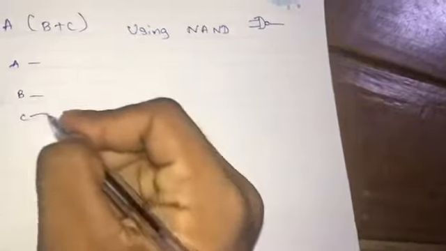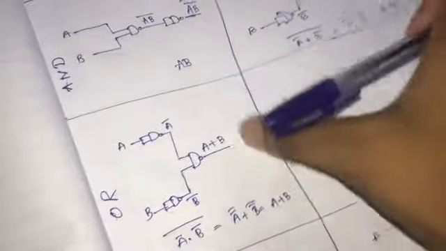Now we will be drawing the same gate with NAND. In the same method, we need to just take A. We need B plus C. So to create B plus C using NAND plus, this is the thing that we have to draw.